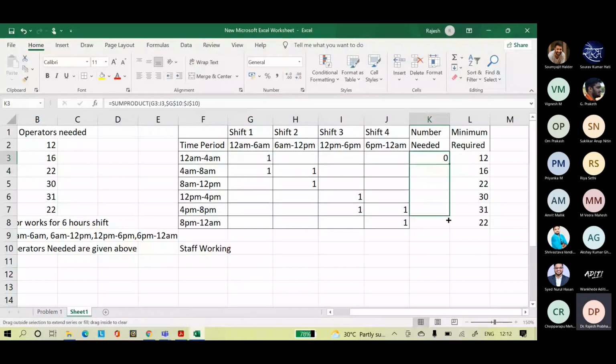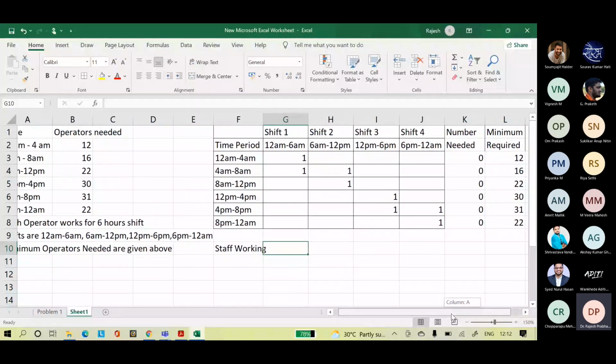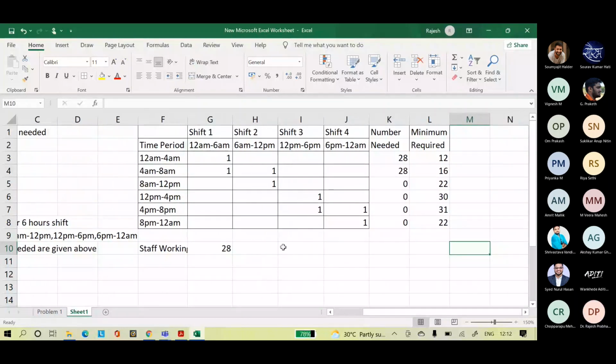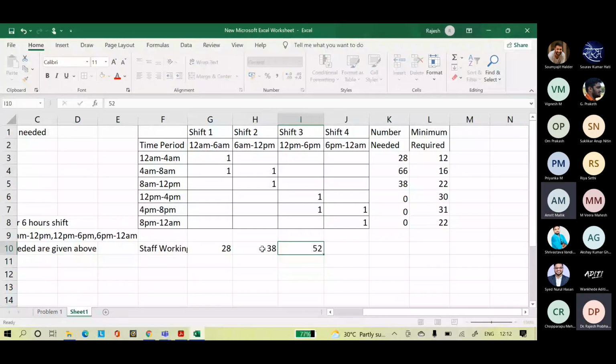You just scroll down. So in the first step, we have 28 people working. Then we have a total of 38 people working. Then we have 52 people working. 61.